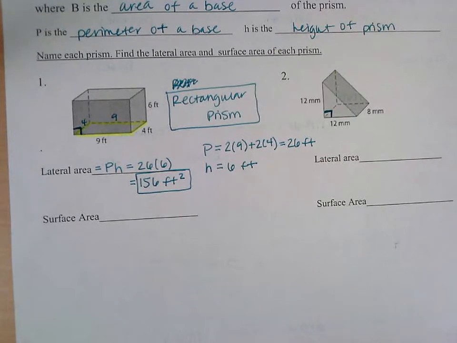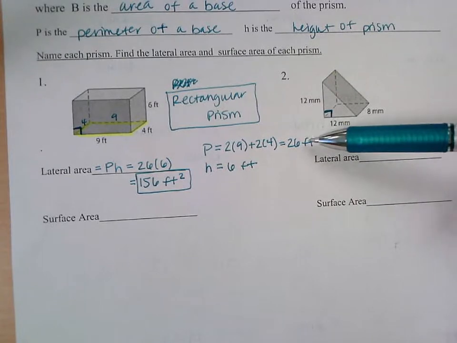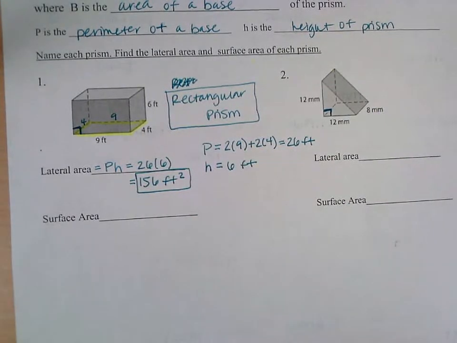Okay, and this is the work that would be helpful for me and helpful for you if you're getting answers wrong in order to get partial credit. Helpful for me to see when I'm grading that I can see that you found the perimeter of the base, what it was, that you found the height, what it was, and that you're multiplying them to get the lateral area. Otherwise, if I just have to guess how you got your answer, and I may not know, you might just lose all the points there.